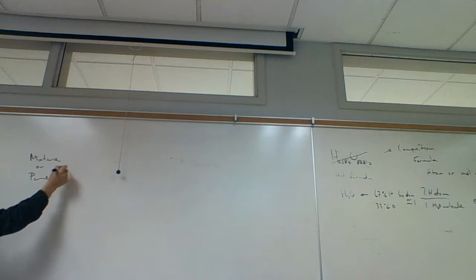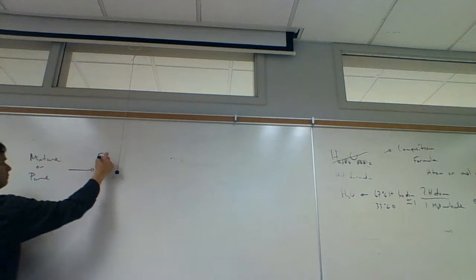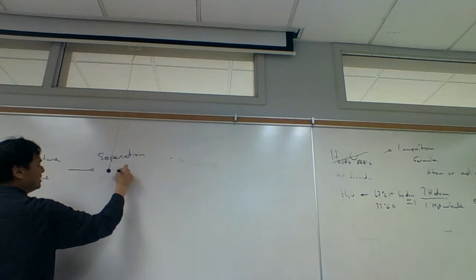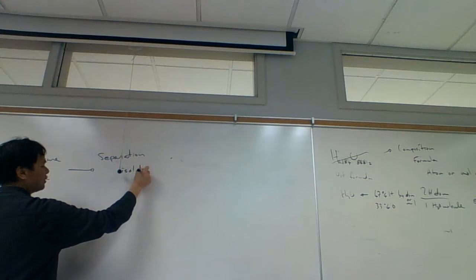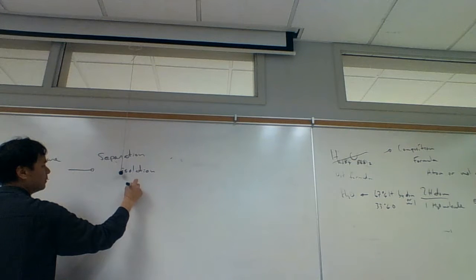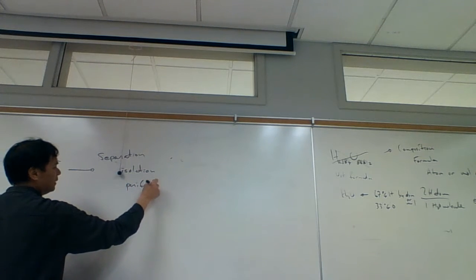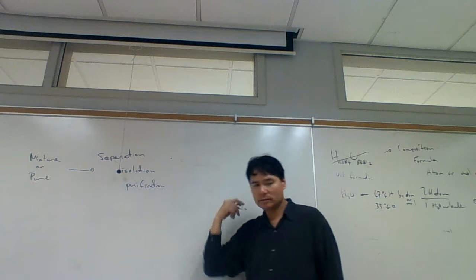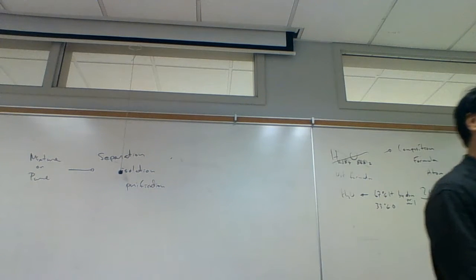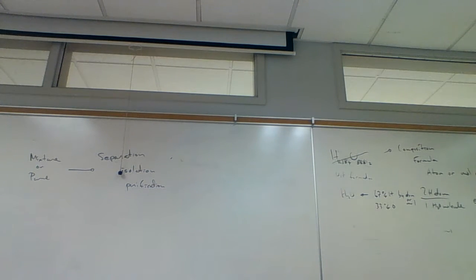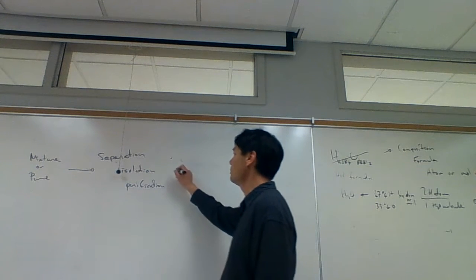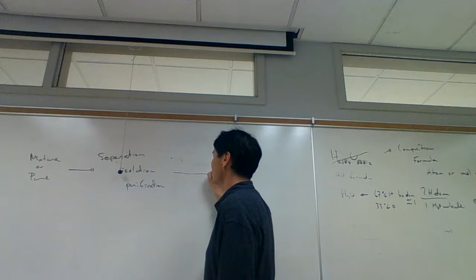If it's a mixture, then we have to do some separation, isolation, and purification. Figure out each component of the mixture. And so what we do is we just separate it into different substances, pure substances. Once we have it into different pure substances, then we want to know what is the composition of each of those pure substances.